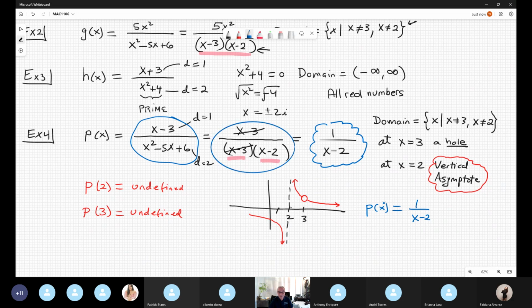But this idea is valid if x is not 3, because at 3 we have a hole. So in conclusion, in few words, we can use this expression anytime, except at 3, because at 3 we have a hole. At other values, like 5 and 20, yes, it's better using the way after the simplification, not the original.